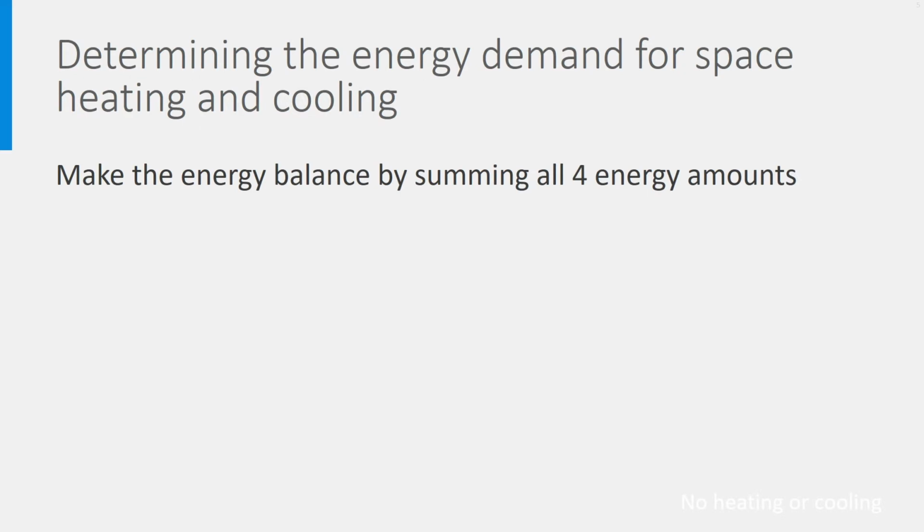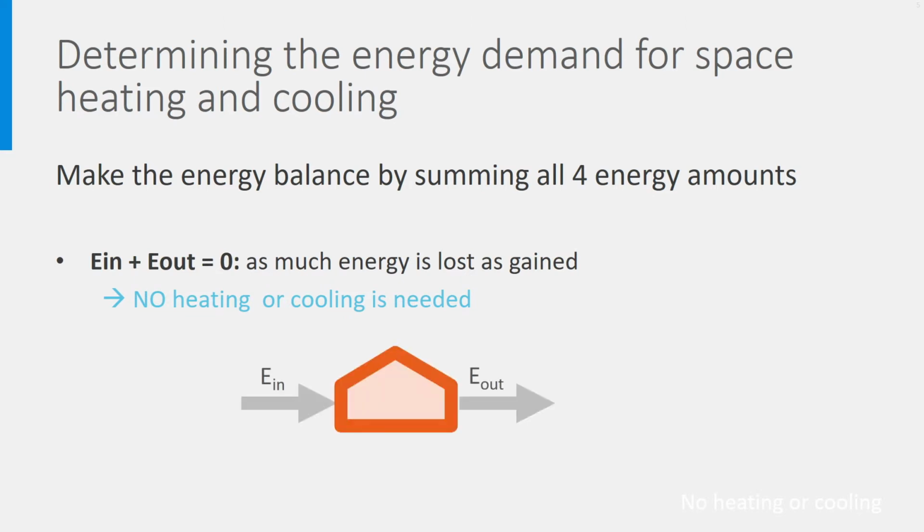We can then make the energy balance by summing up all four energy amounts transferred to and out of the building. We have seen that it is transmission, ventilation and infiltration, solar heat gains and internal heat gains. There are three cases. First, if the balance is zero, the system is balanced.